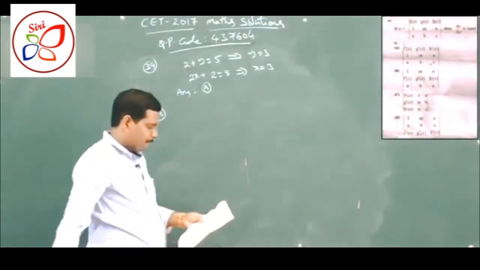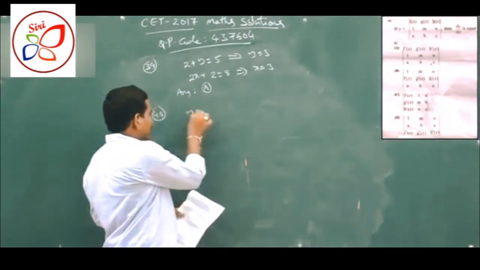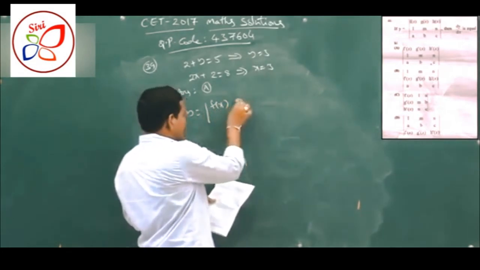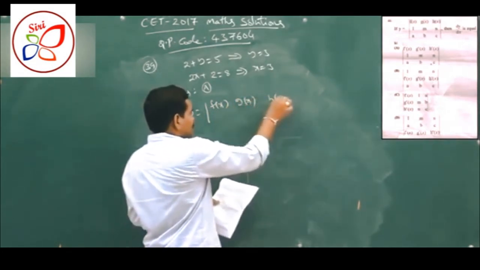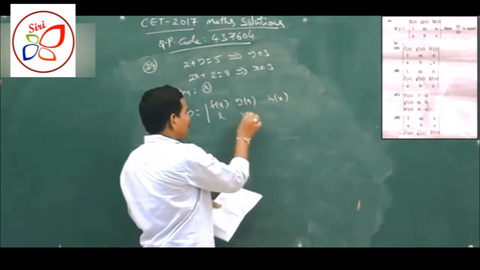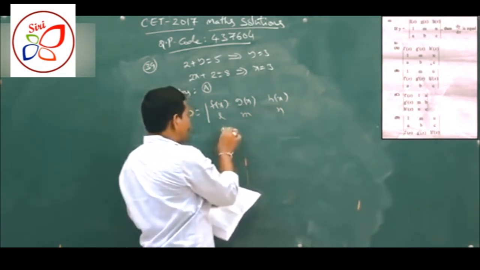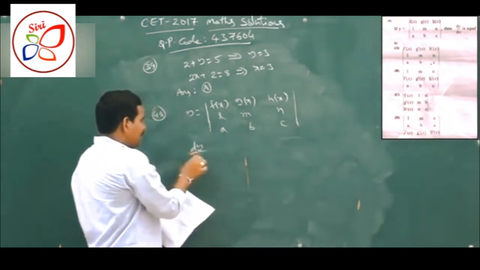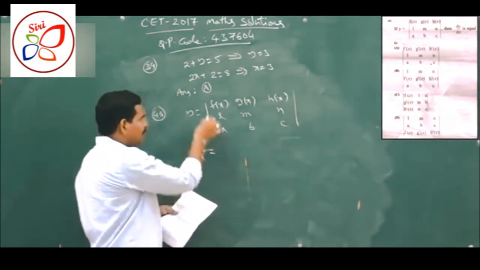Question number 40. y is equal to det of f of x, g of x, h of x, L, M, N, and A, B, C given. What is dy by dx? The concept is derivative of determinant.